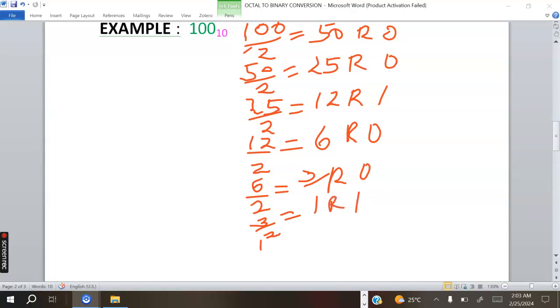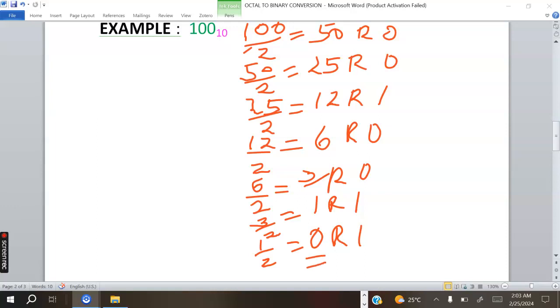And lastly 1 over 2 is 0 remainder 1. Remember, whenever you get the quotient being 0, that is the end of your calculation. So our quotient as per now is 0.